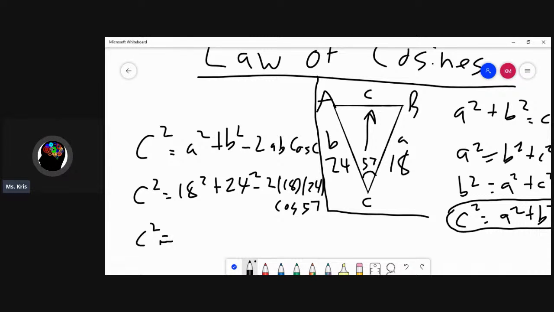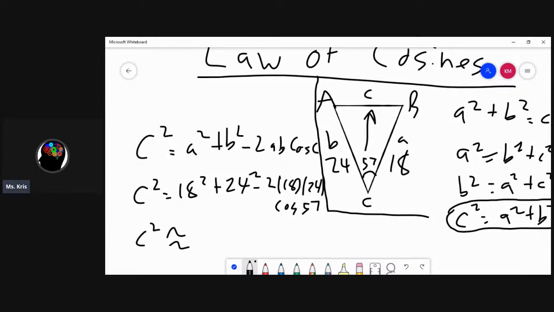And once you have done so, your estimated answer, because with sine, cosine, tangent, you have to round to the nearest place.